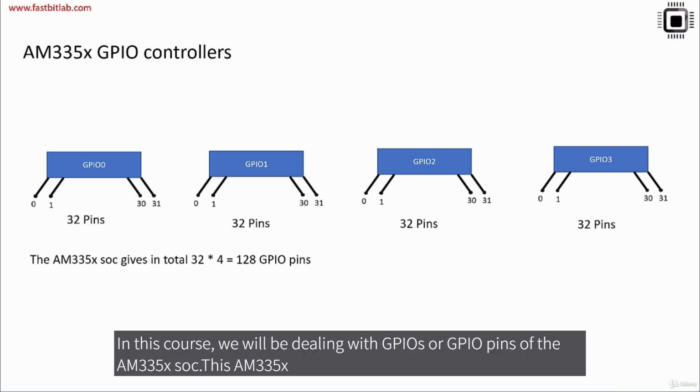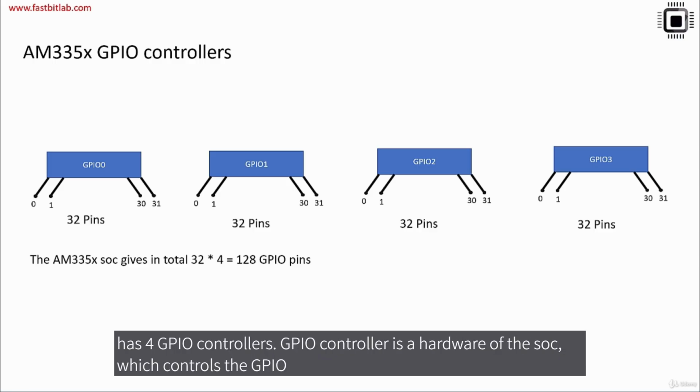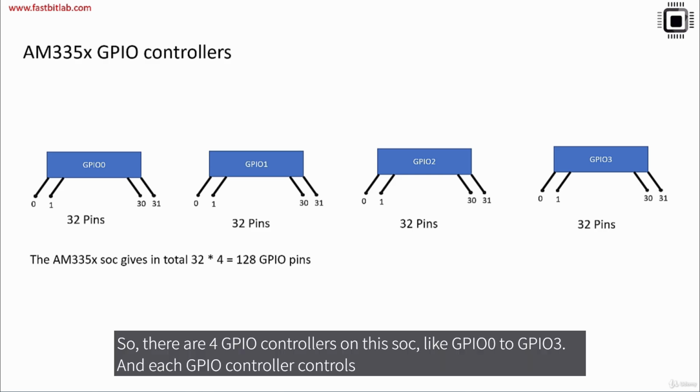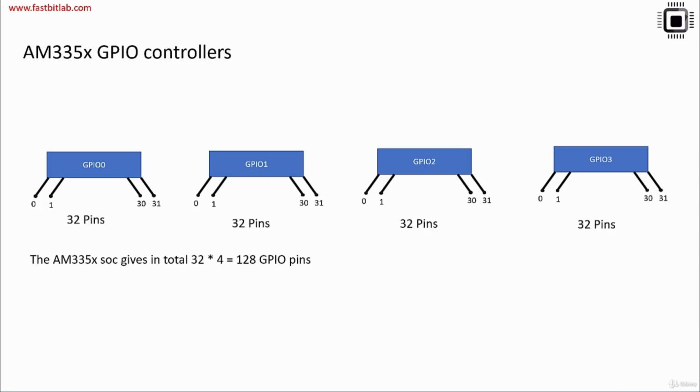This AM335X SoC has 4 GPIO controllers. A GPIO controller is hardware of the SoC which controls the GPIO mode of a pin. So there are 4 GPIO controllers on this SoC, GPIO 0 to GPIO 3, and each GPIO controller controls 32 pins.